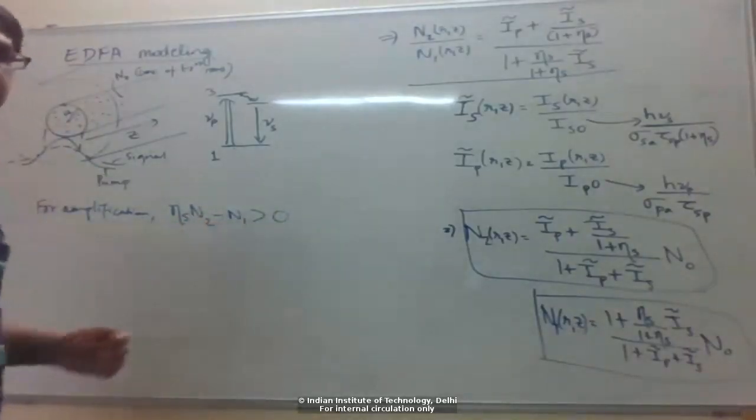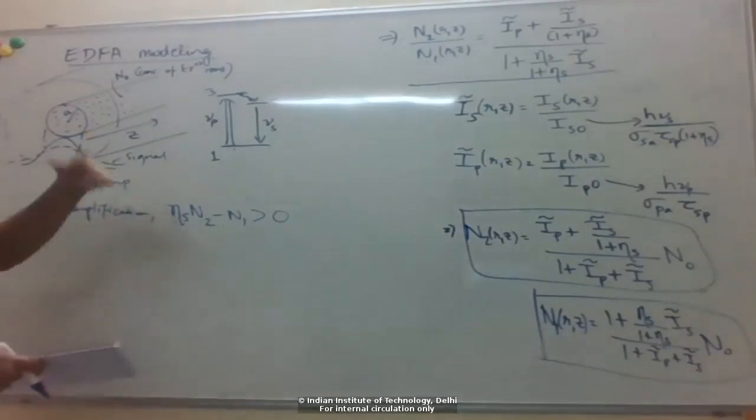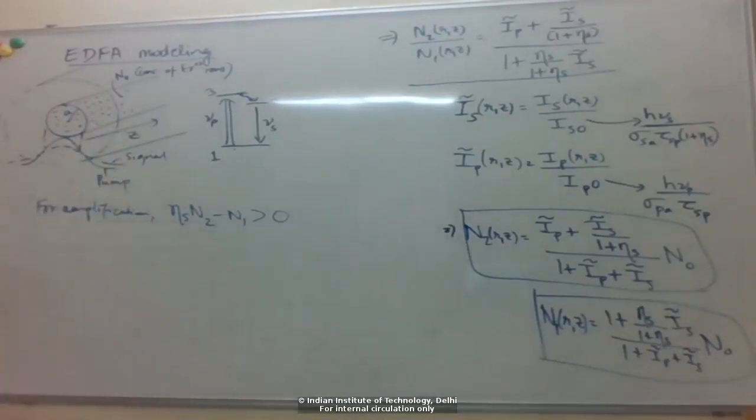So this is the population inversion condition. Theta was the ratio of the emission to the absorption cross section.